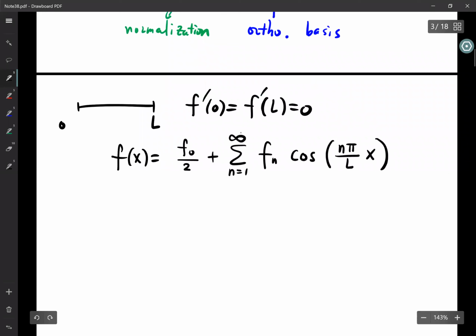So I get rid of this 2 here to reflect this difference.